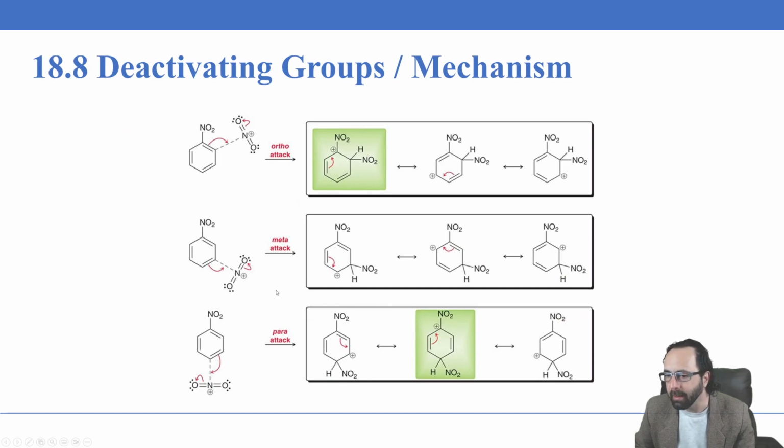So why is it that installation at the meta position is preferred rather than ortho and para? Well, it's going to be the same reasoning as the last one. It's going to be due to the resonance stabilization of the carbocation intermediate that occurs during the nucleophilic attack.